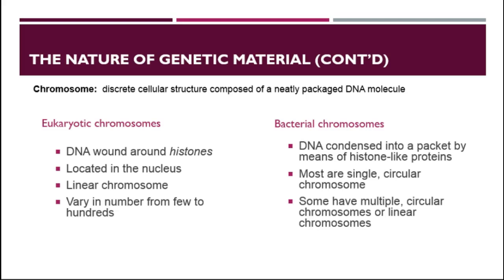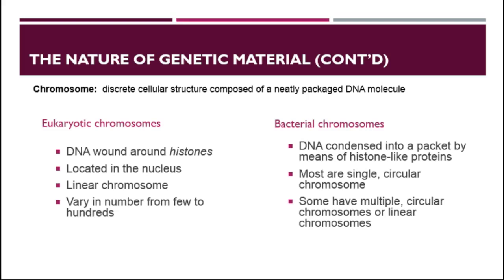So in eukaryotic chromosomes, the DNA is wound tightly around proteins known as histones, and this helps to compact the DNA into those very tightly wound, sort of X-shaped structures. The eukaryotic chromosome is also located in the nucleus. It is linear and it varies in number. So some eukaryotic cells may have a few chromosomes, while others have very many, hundreds of chromosomes.